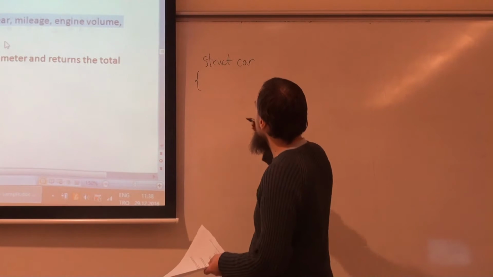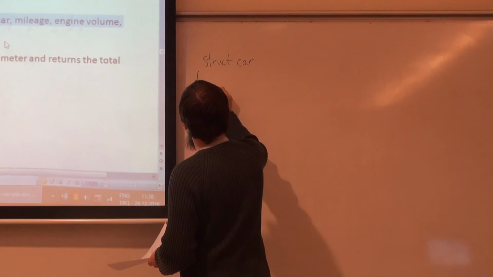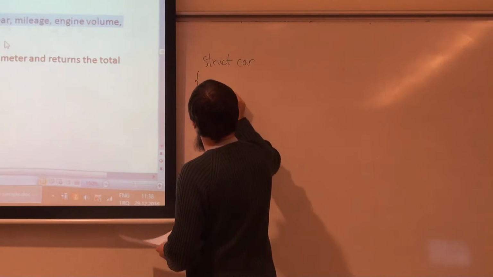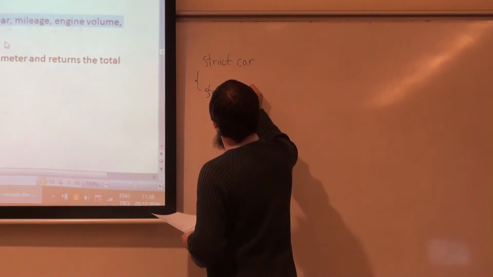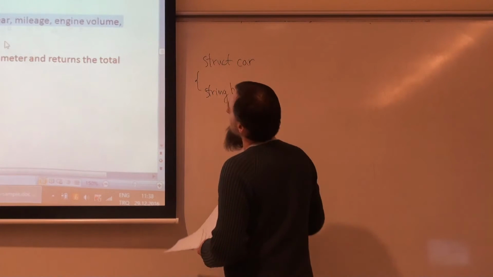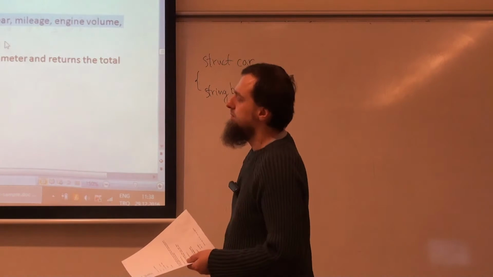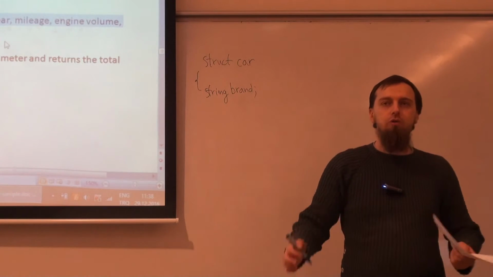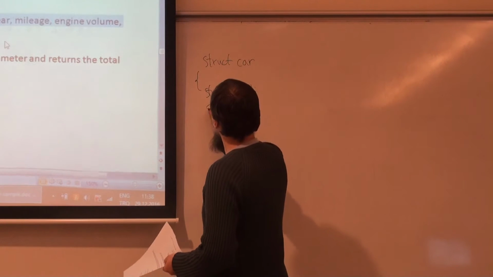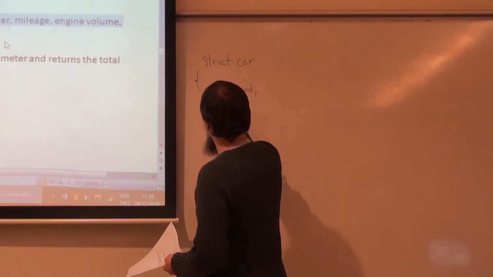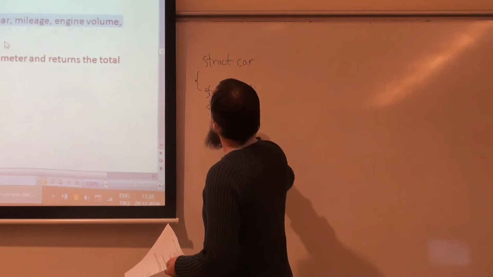String. So string brand. Then we have a model. Audi A5, for instance. It's again string. String model.